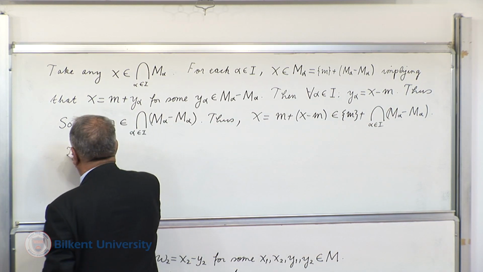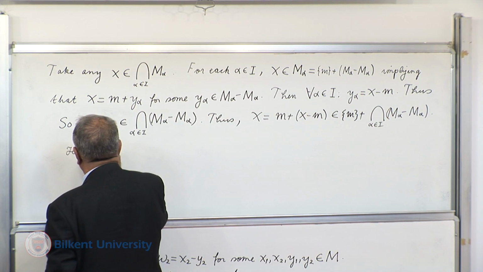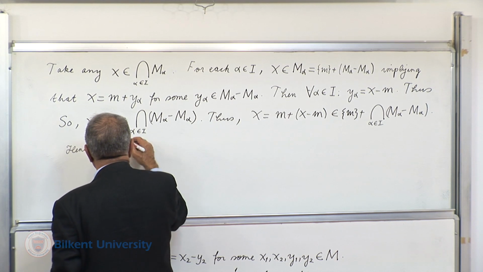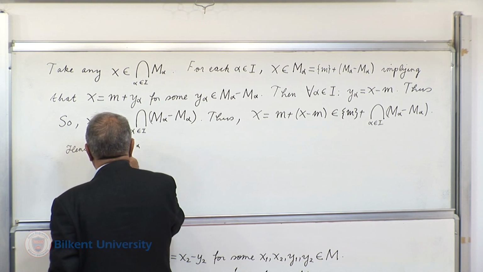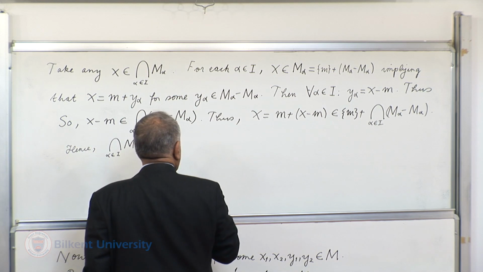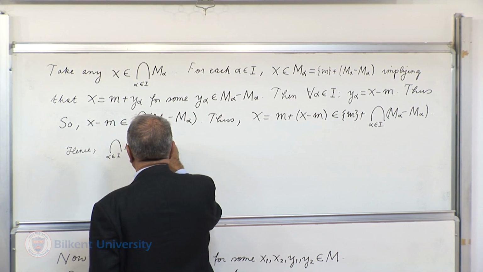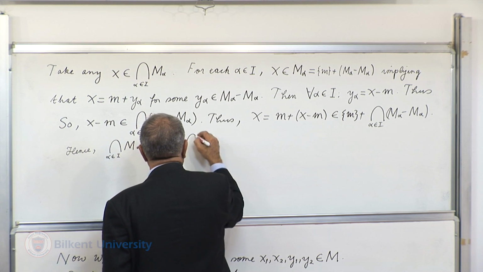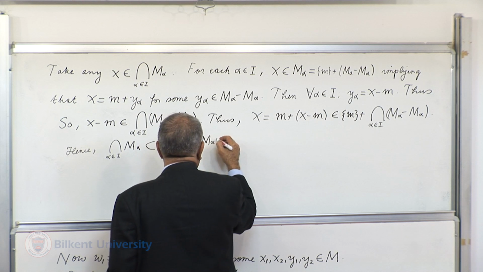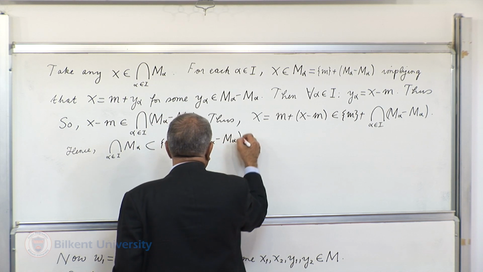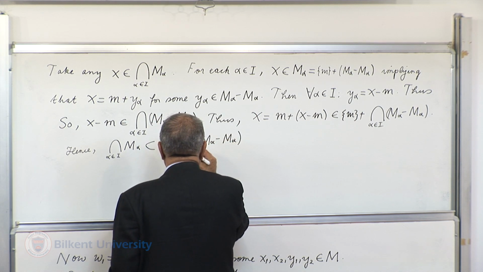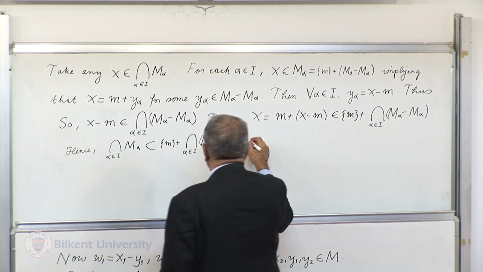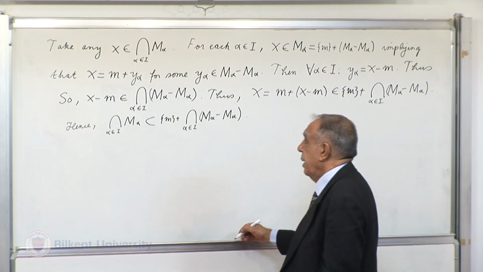Hence, the intersection of m alpha, alpha in I, is contained in m plus the intersection of m alpha minus m alphas, alpha in I.